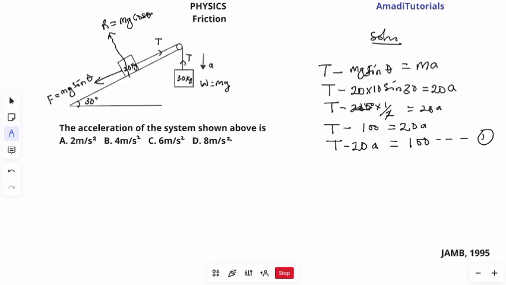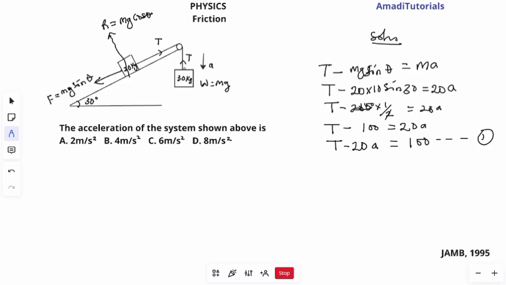So since this 30 kg has a greater force, which means the weight of this 30 kg is greater than the tension on this string, being that the tension created on this string is due to this other 20 kg going in the opposite direction.